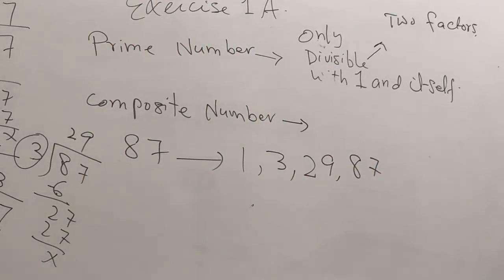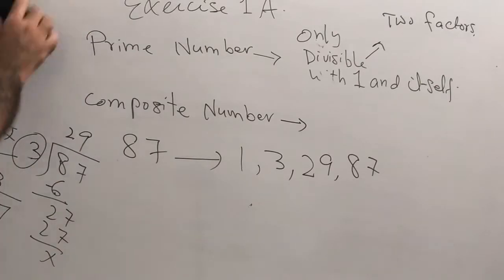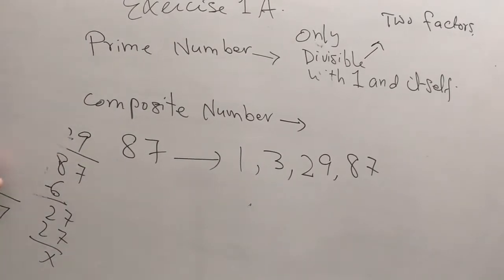It means 87 can be divided with 1, 3, 29, and 87. So it has more than 2 divisors, so 87 is a composite number.